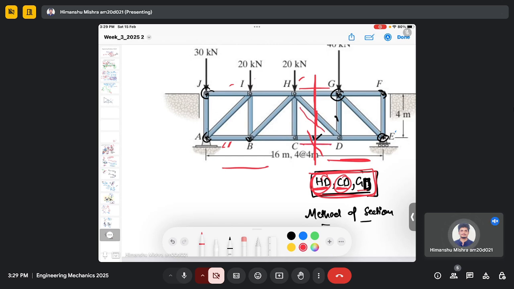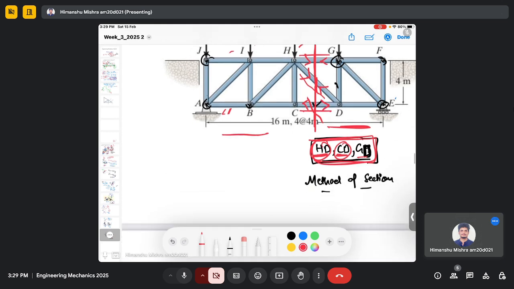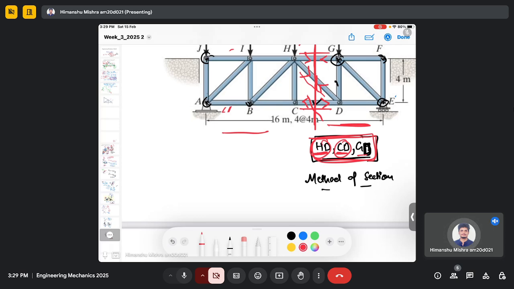Then we can assign the forces here. Let's say I assign the force like this. So it could be this. So once you assign the force, now you can use the equilibrium equations here.